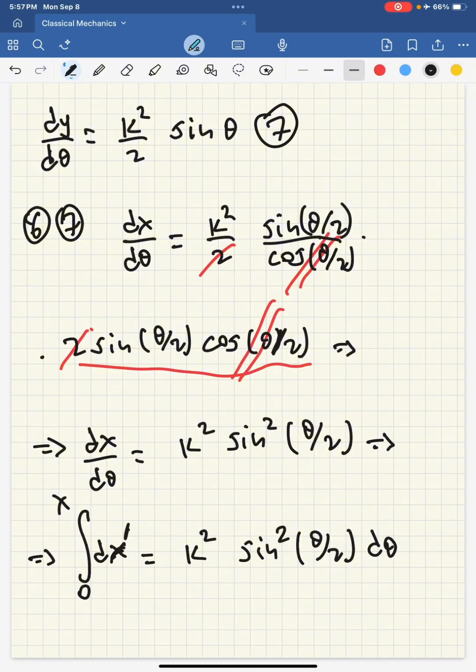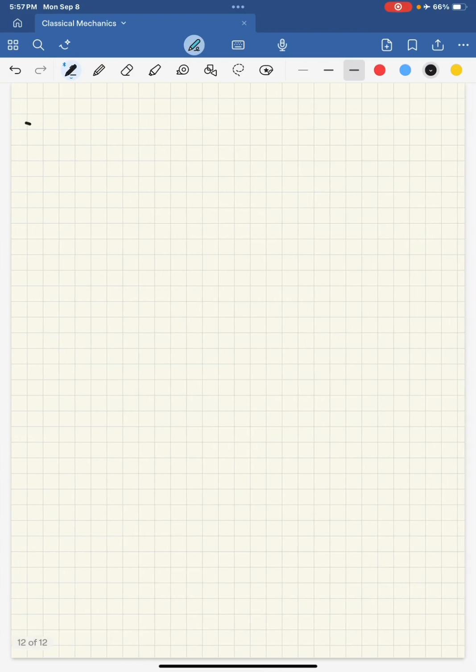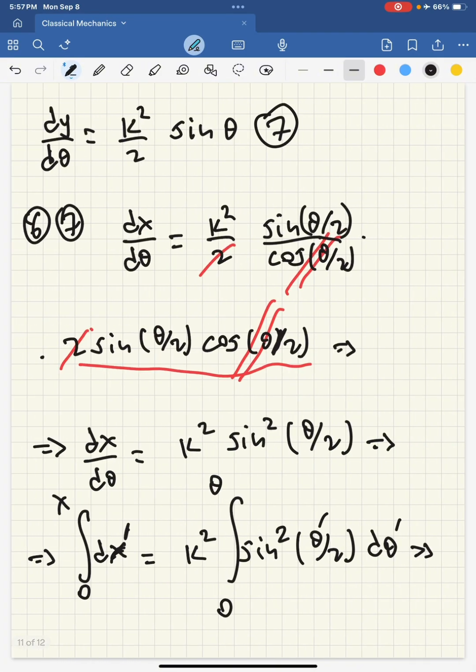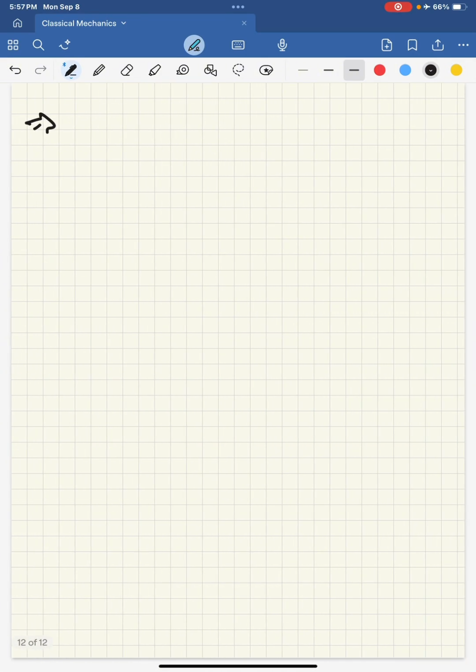So we are integrating with respect to dx prime, where prime is not a derivative here, it's just a dummy variable. And then we integrate this from 0 to theta, so we have to turn this theta into a dummy by taking the prime there, which is not a derivative again. And I fed this into Mathematica. I'm not going to go over how to solve this integral, so I'm going to give you the final expression.